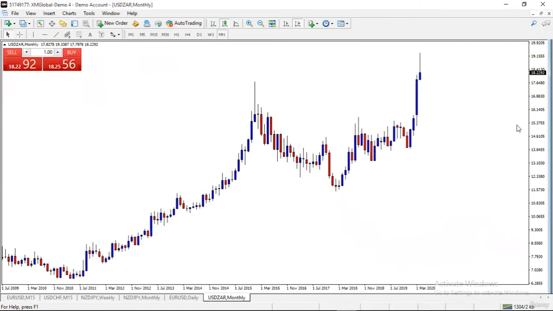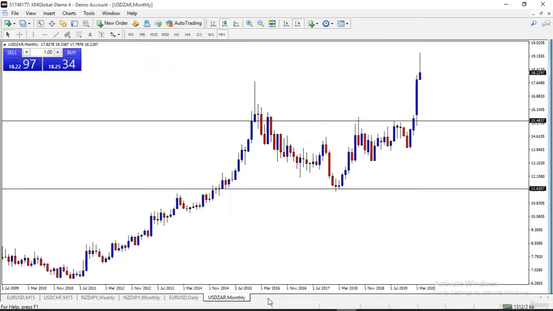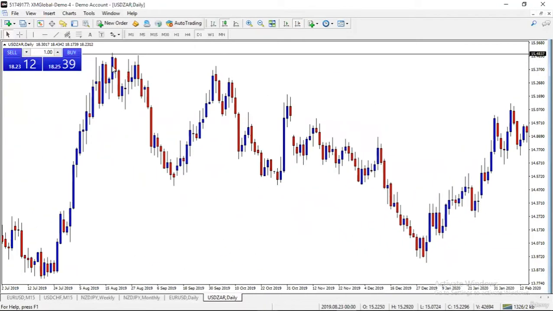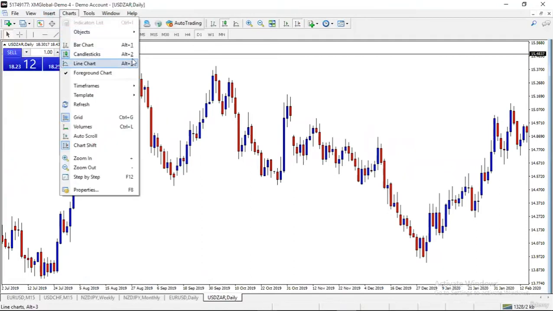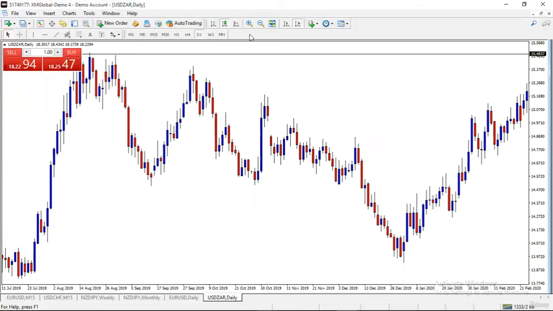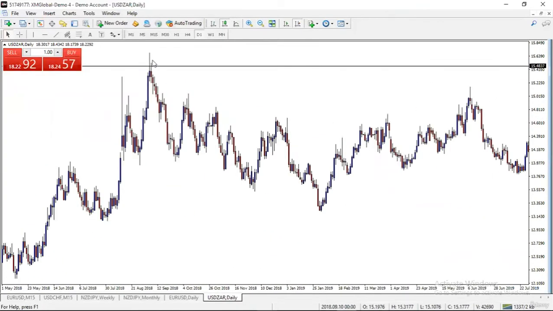We've been here for the past, since 2016, for the past 4 years we've been around that price. So I know that when the market is just around this price, there's a resistance here.